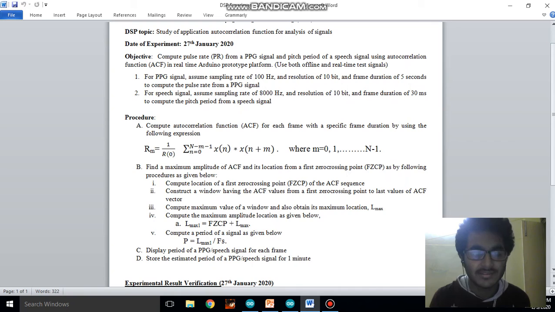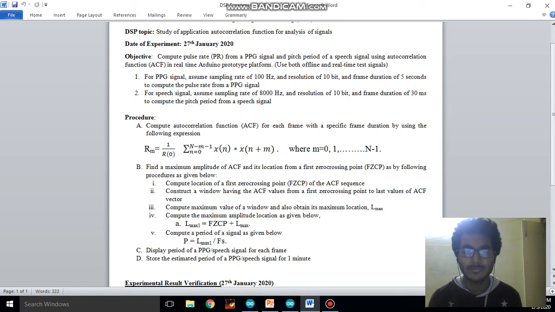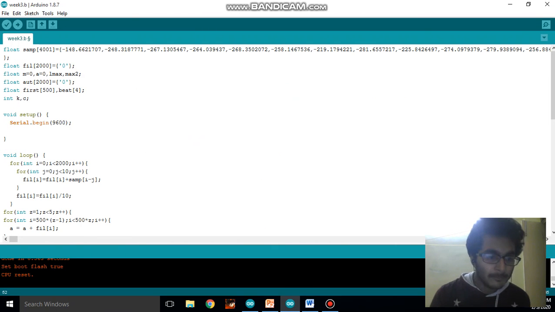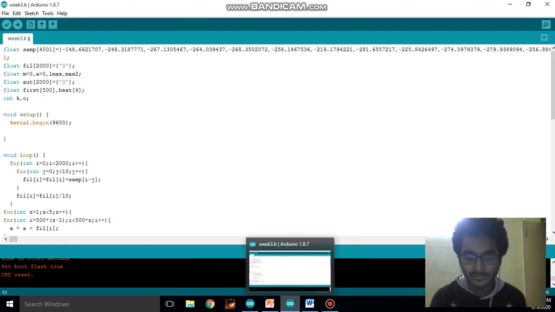Let us see the next part, the speech signal part. Here the sampling rate is 8000 Hz. The whole procedure will be the same, as we need to find the pitch period, which is the pulse rate here, but we need not multiply by 60 seconds as we need it for only 1 second here.